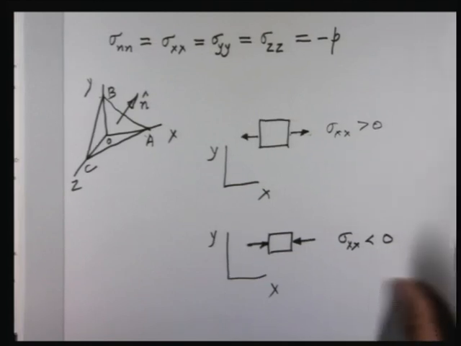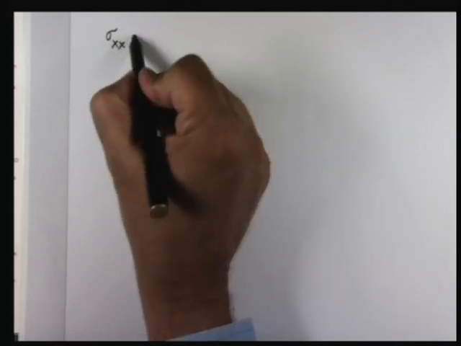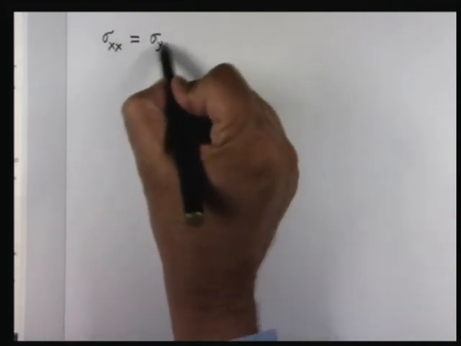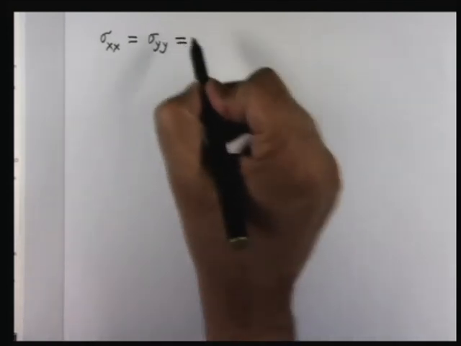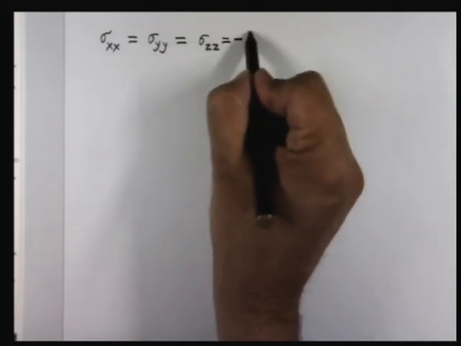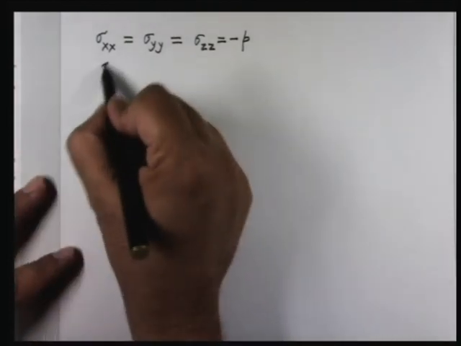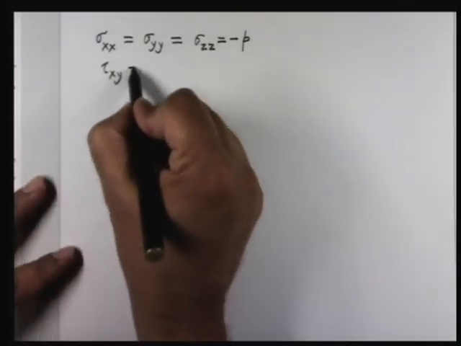So now if I make a summary of what is called the hydrostatic stress distribution, you are going to have sigma xx equal to sigma yy equal to sigma zz equal to minus P. And you are going to have what I wrote earlier, tau xy equal to tau yx.